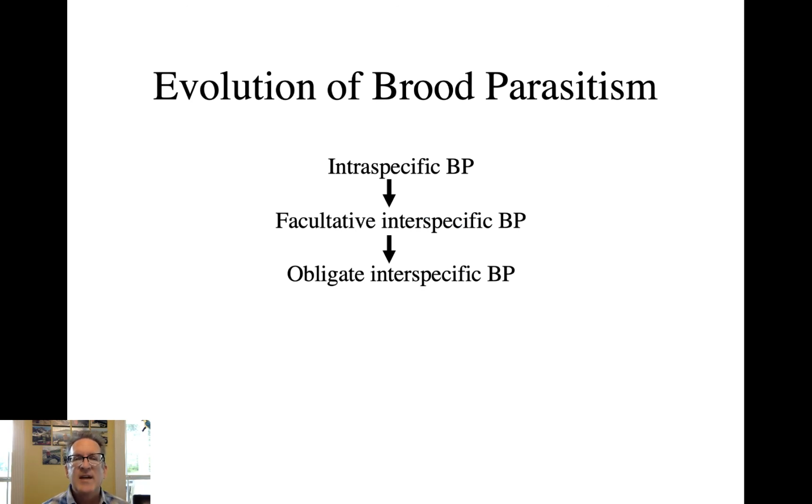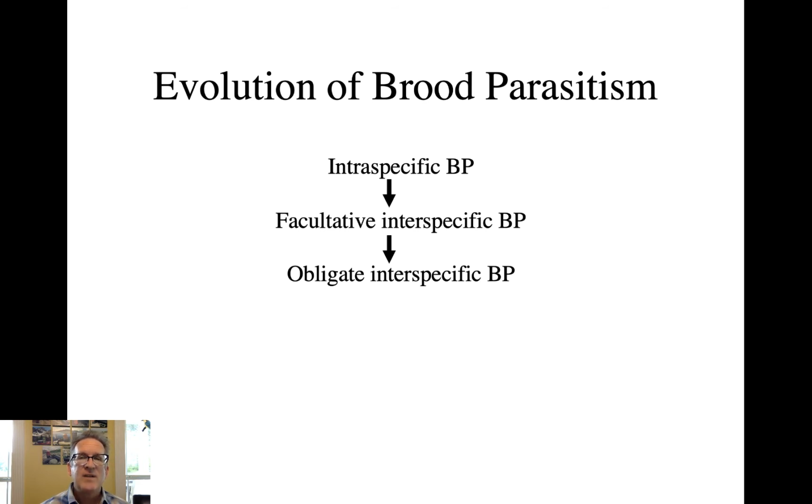So how could obligate interspecific brood parasitism evolve? One hypothesis that seems to make sense is that it has evolved in stages, with first intraspecific brood parasitism, where individuals of the same species may parasitize each other. And if this increases their fitness, then it will be a selective advantage for this behavior to develop. And if you happen to then be nesting near closely related species or species with similar nesting biologies, then you can also maybe supplement your fitness by sneaking a few eggs into these nests as well.